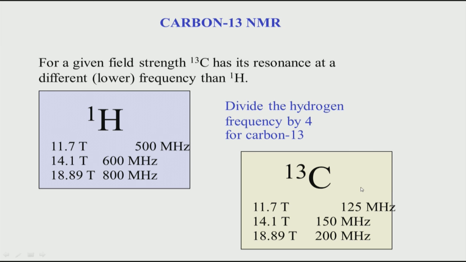But if you come to carbon, the difference in hertz will be different, because the same 1 ppm difference in carbon peaks will now correspond to 1 into 125, which is 125 hertz. So, you see the difference is reduced compared to proton. That means proton is more resolved, more well separated in terms of hertz value compared to carbon.